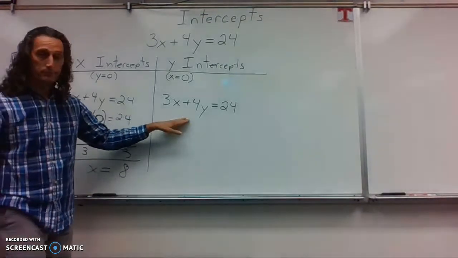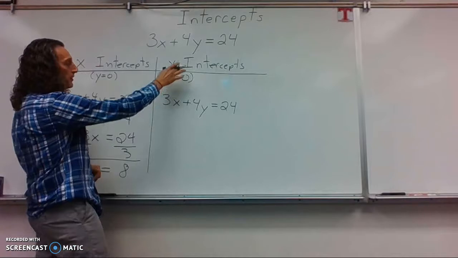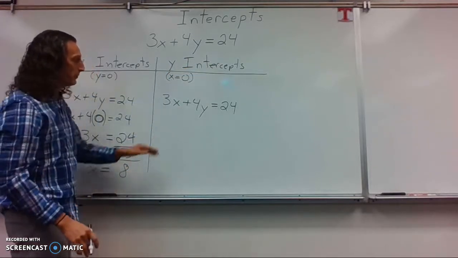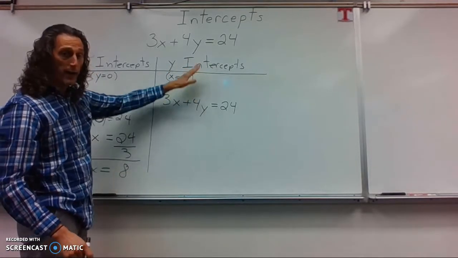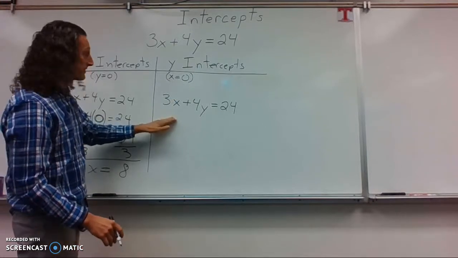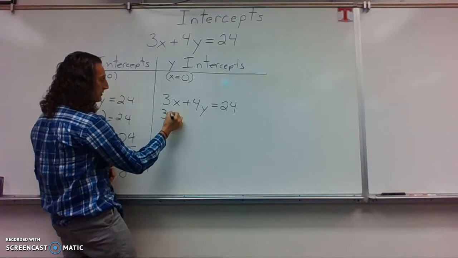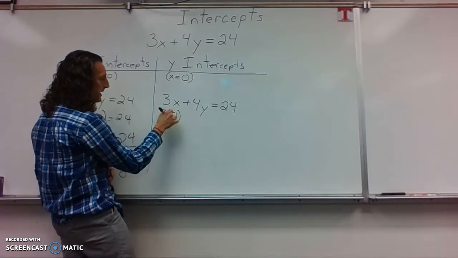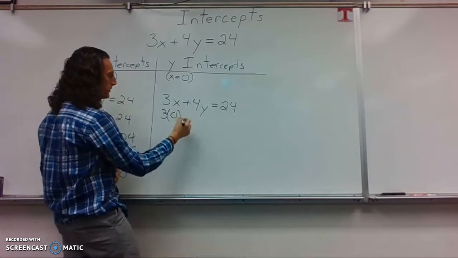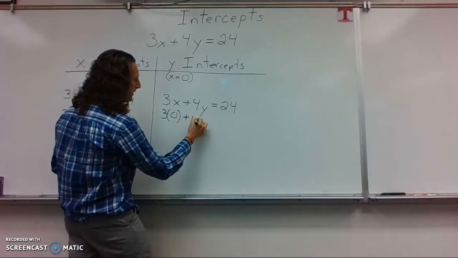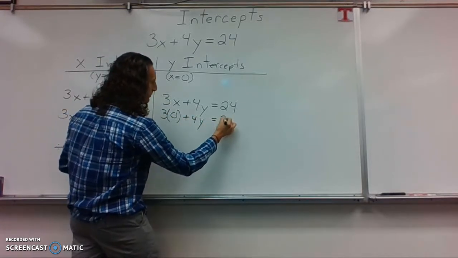Come over here. Under the y-intercept, we're going to keep the y, and we're going to get rid of that x, because that x becomes 0. So, instead of the x, I'm going to put the 0 in its spot. So make sure those are lined up so you know what's going to happen over here. Put my 4y equals 24.